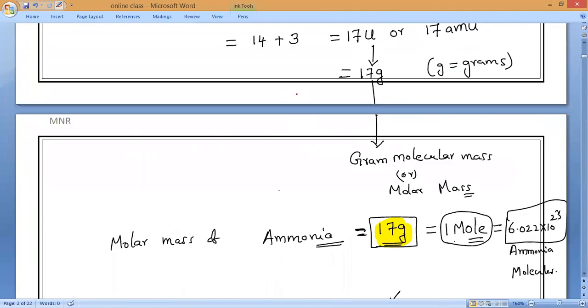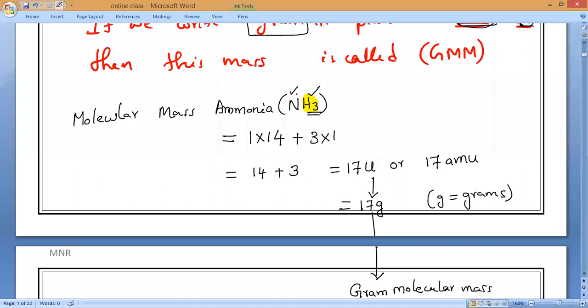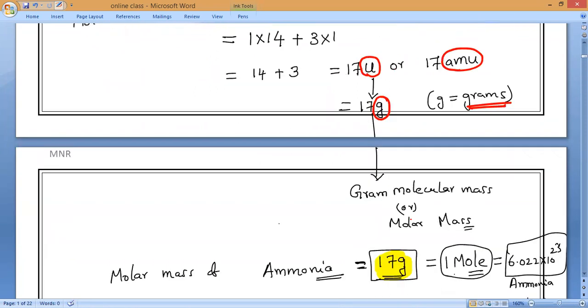Now, atomic mass or molecular mass, we represent in the unit u or amu. Instead of u or amu, if we keep g, meaning grams, then that is called gram molecular mass, or we say molar mass. That's all it is.